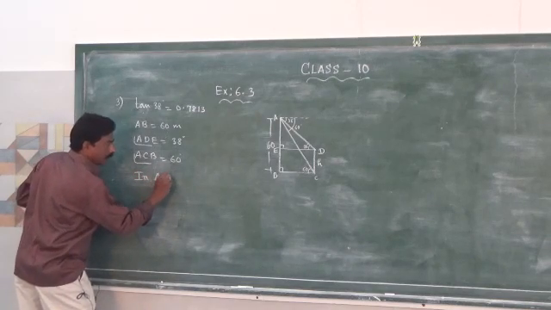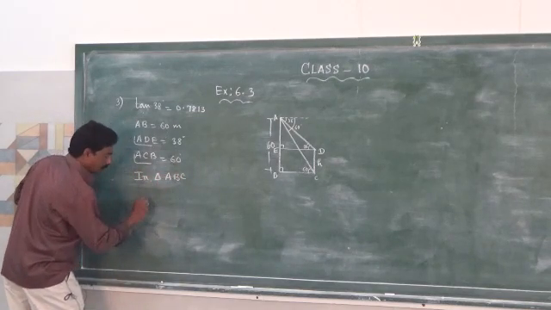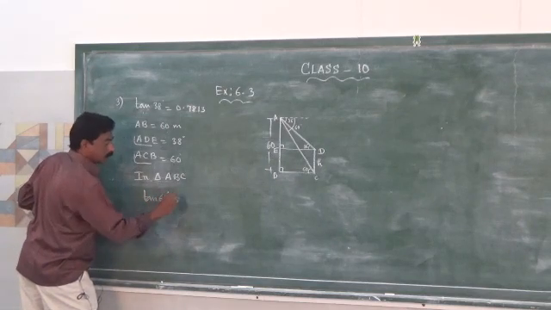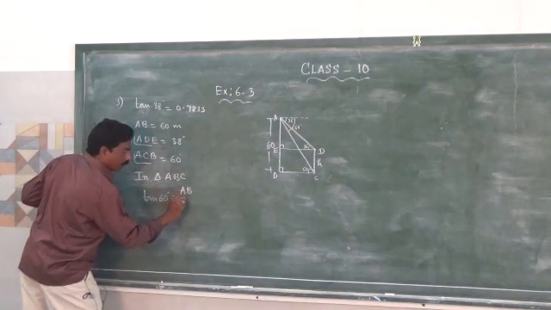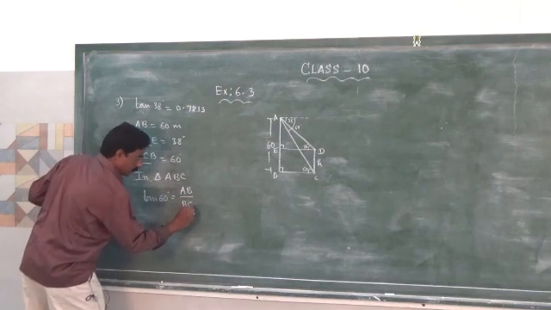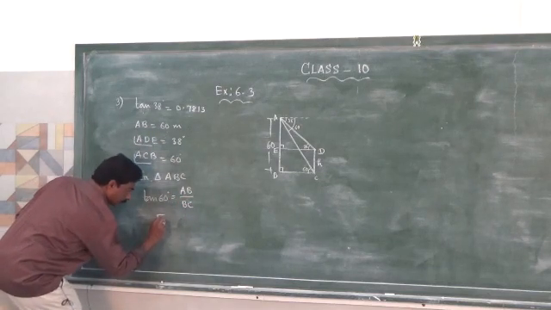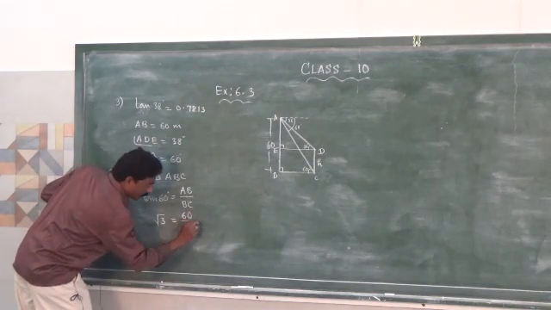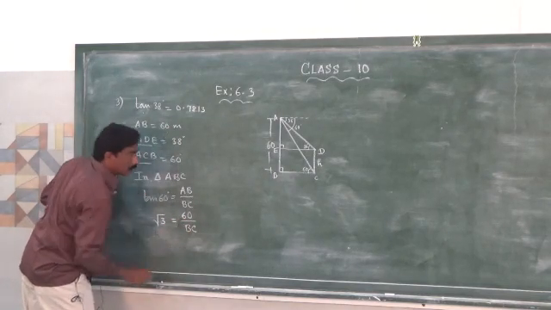In triangle ABC, tan 60 is equal to opposite AB by adjacent BC. Tan 60 is root 3. Root 3 equals 60 by BC.